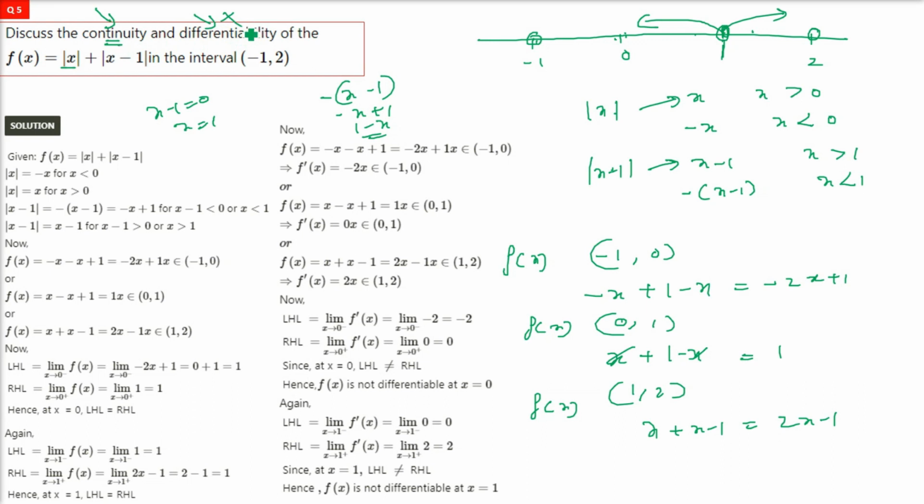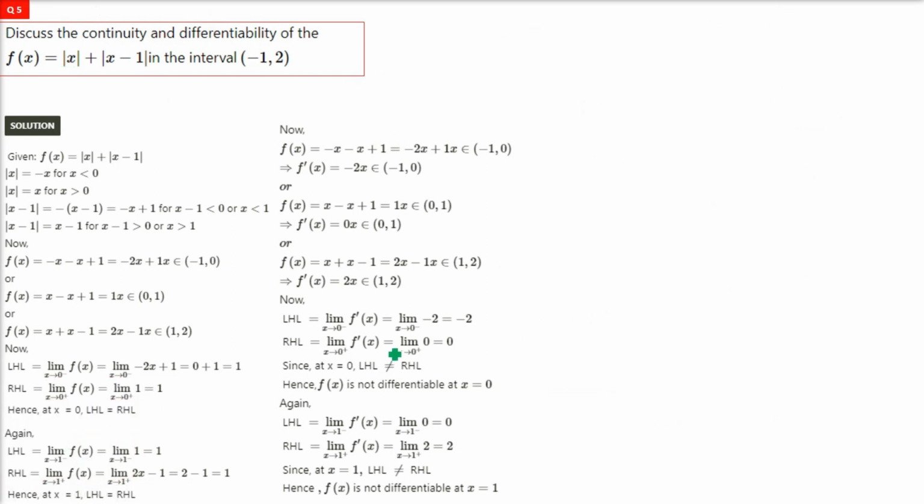Differentiability points to continuity, but continuity doesn't point to differentiability. It may not. So just watch very carefully. I am going to do it. As I said, we have minus 1 to 2. We have 2 points, 0 and 1. That is where we are going to check. Because x becomes 0 and x minus 1 also becomes 0 in between.